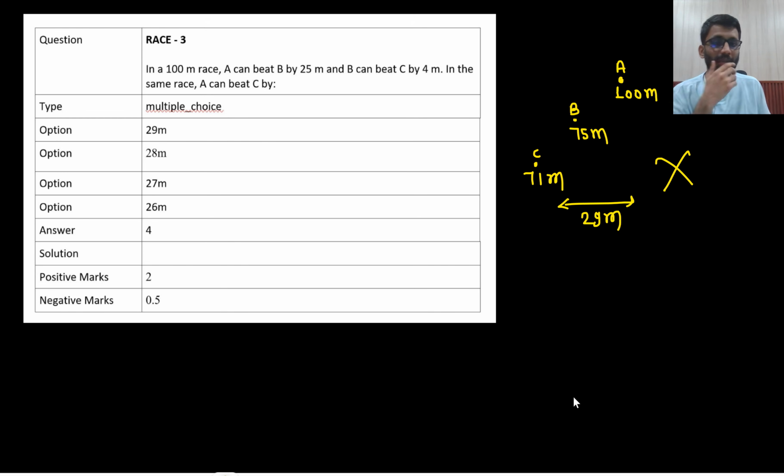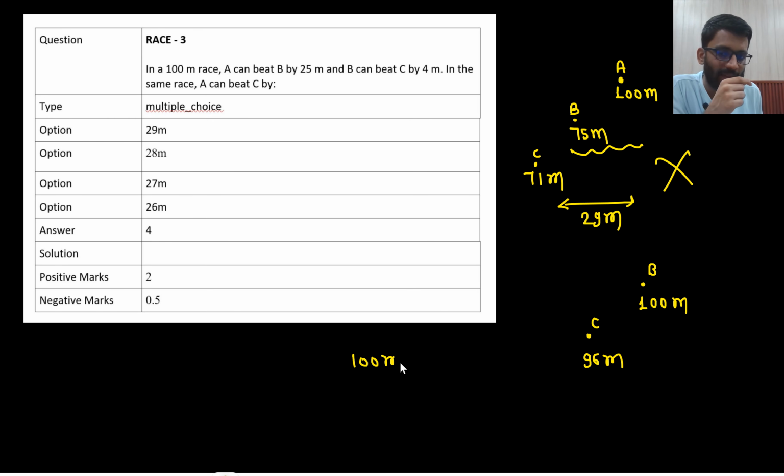Why is that so? Because in a race of 100 meters, A will beat B by 25 meters. This is correct. But in a race of 100 meters, B will beat C by 4 meters. What does that mean? If B is at 100 meters, that means C will be at 96 meters.